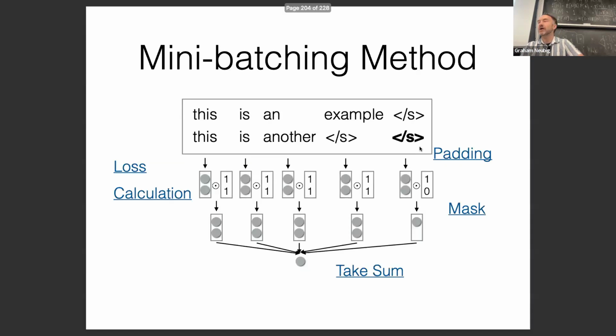But the important thing to know about it is if you batch things of very different lengths, you can have issues. So for example, let's say you have 3 sentences of length 2, and then 1 sentence of length like 30.